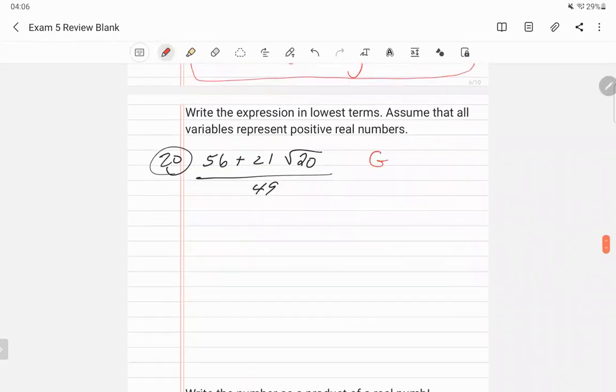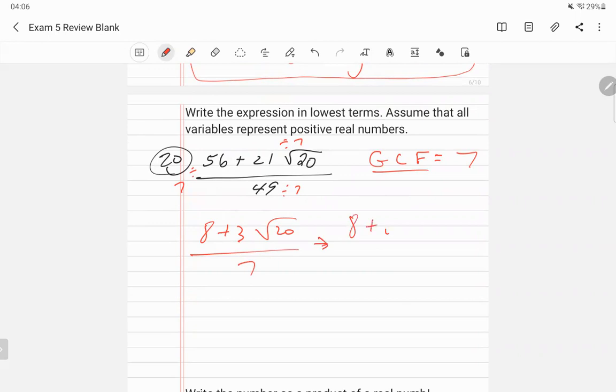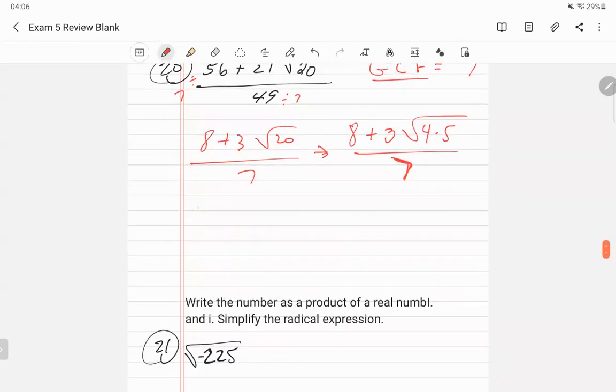Here you just need to find the GCF, and that is equal to 7. So 56 divided by 7. So divide everything by 7. We get 8 plus 3 square root of 20 over 7. Square root of 20 can actually simplify too. It's 4 times 5, which we know is 8 plus 3 times 2 squared times 5 over 7.